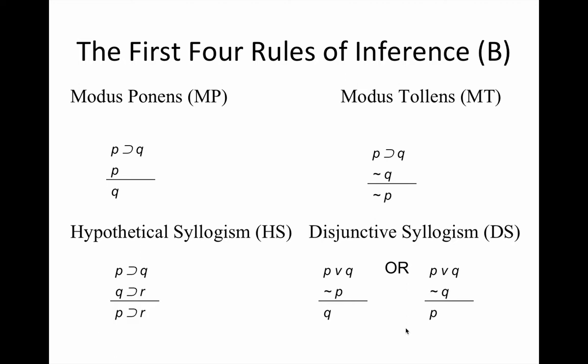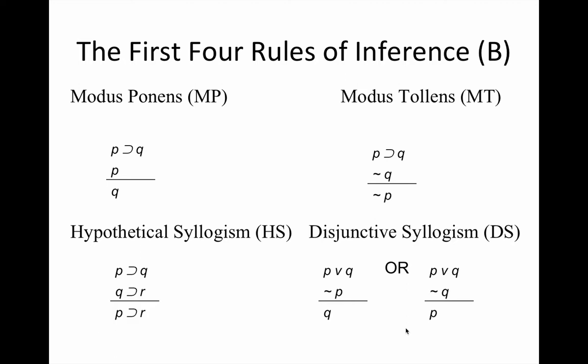So let me restate this a little less verbosely. So we have, if P then Q, not Q, so not P. If antecedent, then consequent, it's not the consequent, so it's not the antecedent.